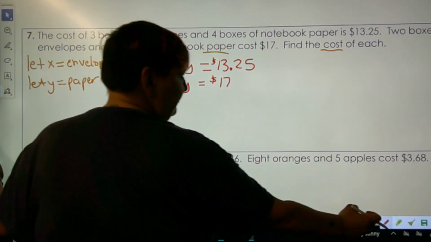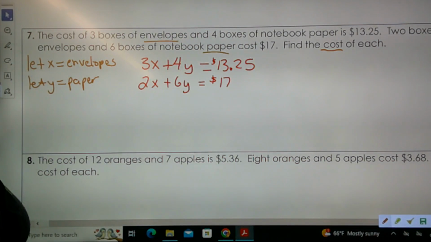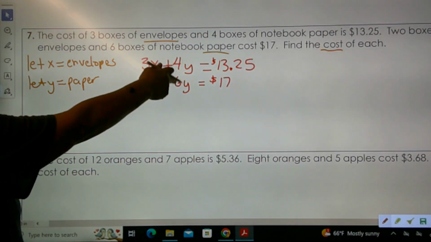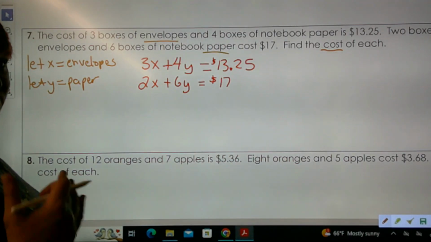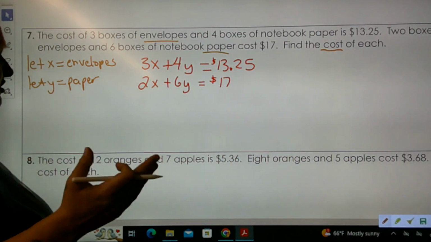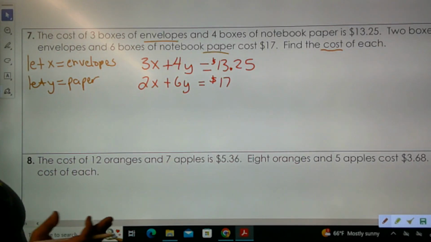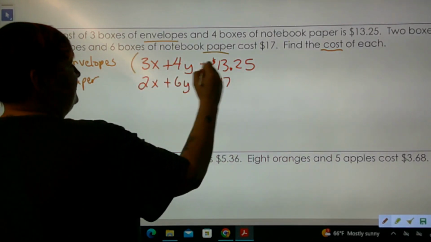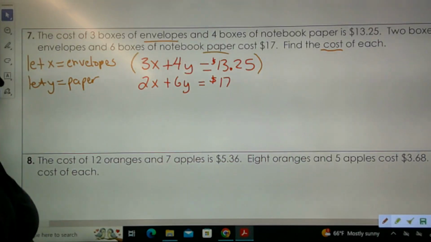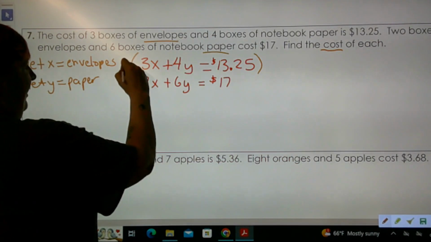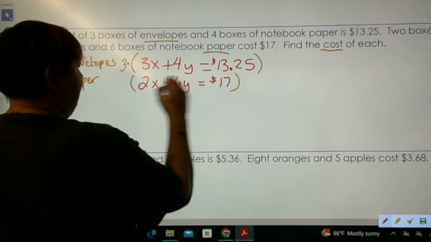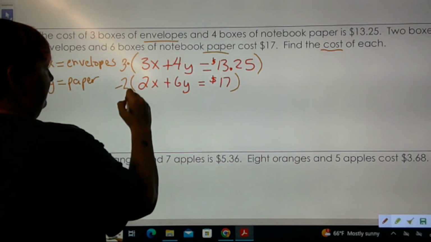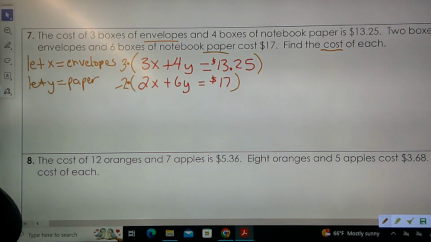Alright, so the first thing we do is decide what we're going to cancel. Let's cancel the y variable this time, because before this we were always doing the easier one. So let's do the harder one, just so we can show we can do it. Let's make this 12y, so multiply times 3, and let's make this negative 12, so let's multiply by a negative 2.